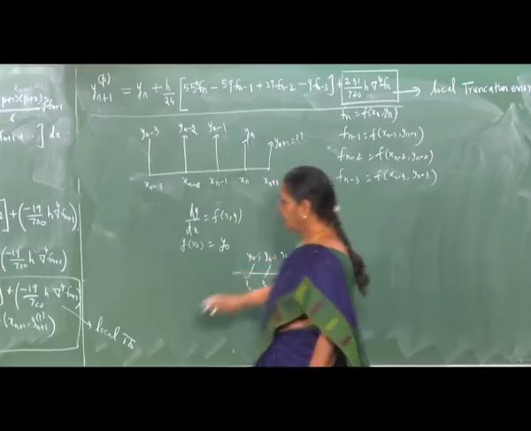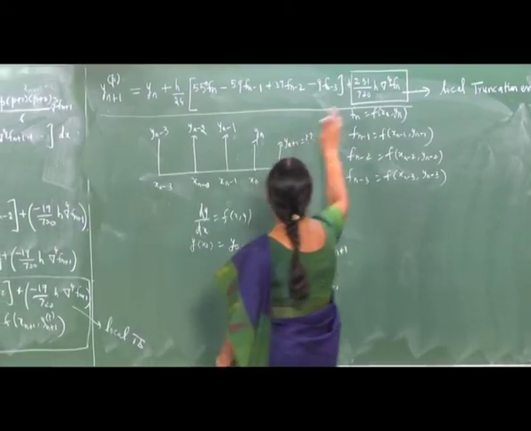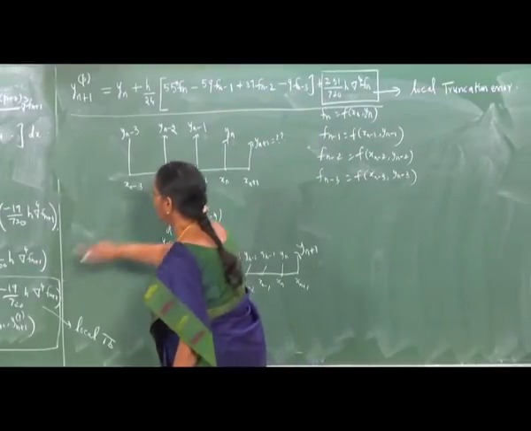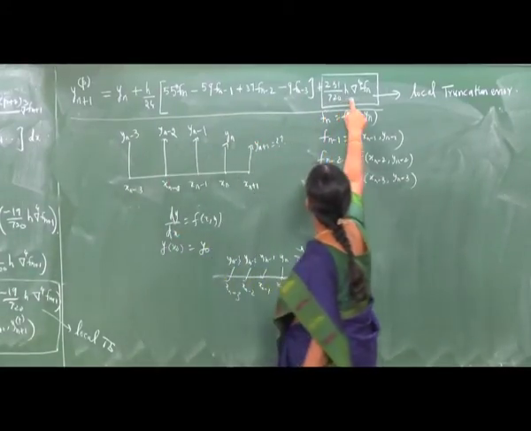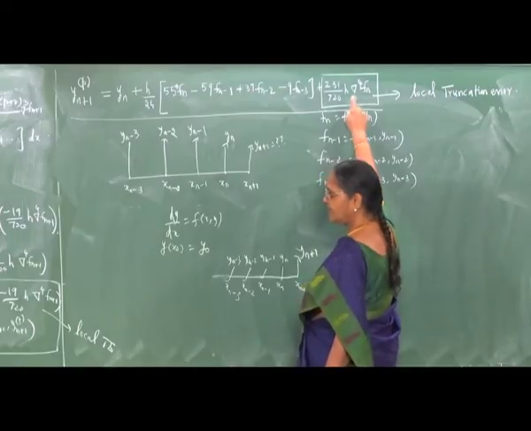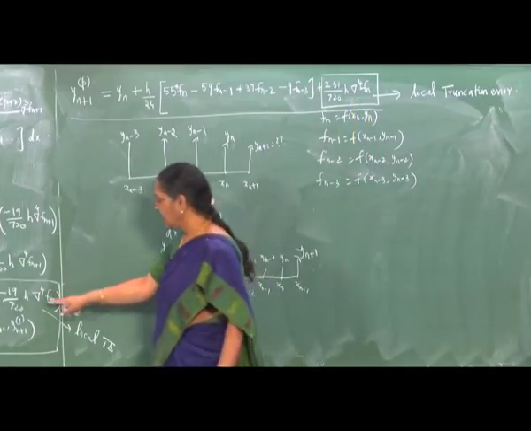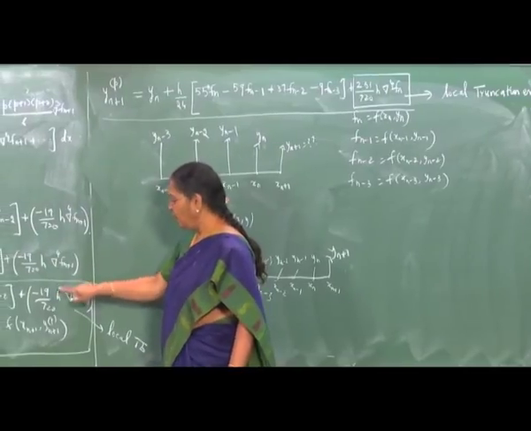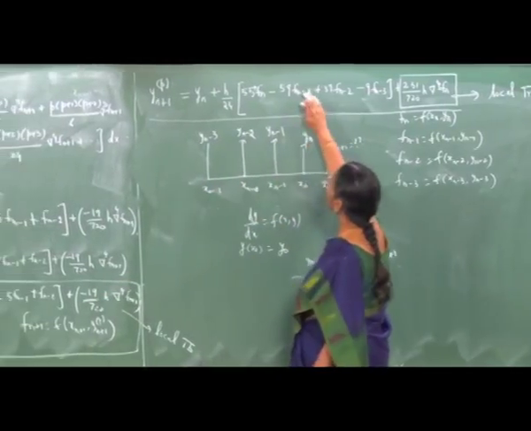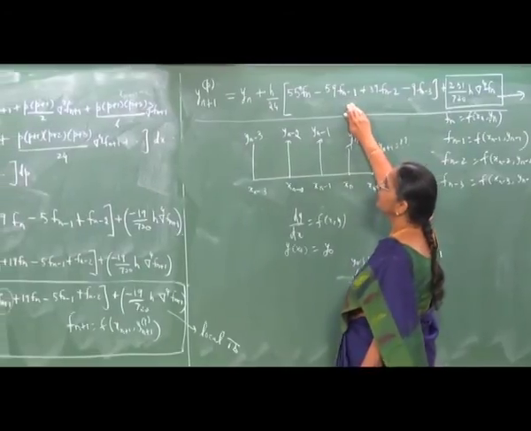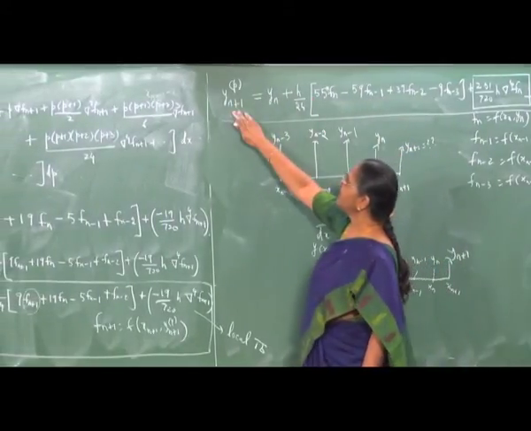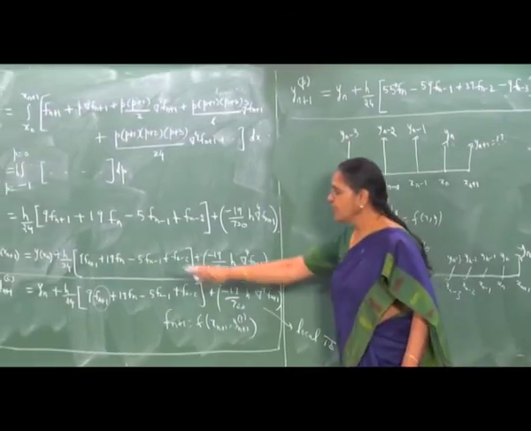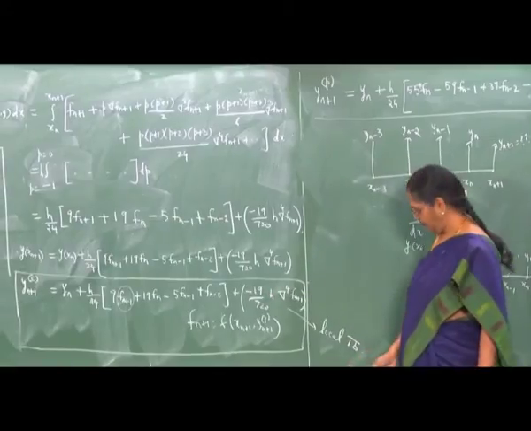So, you observe that the local truncation error in the predictor method is several times that in the corrector method, and therefore, the error that is incurred by using this method in predicting the value of yn plus 1 is corrected using the corrector method.